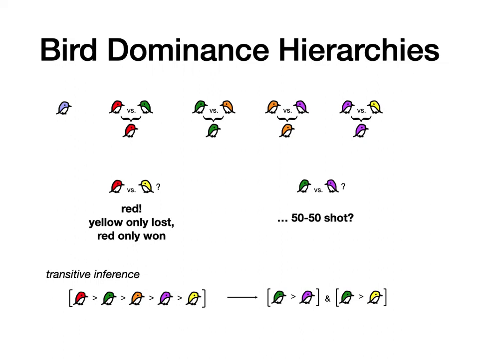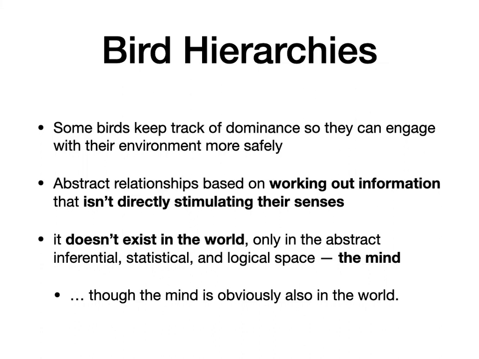So bird hierarchy. Some birds can keep track of this dominance so that they can engage with the environment more safely. So these very abstract relationships based on working out information that is not available in the world. It doesn't exist in the world. It only exists in the sort of statistical and inferential and logical space of, ta-da, the mind.